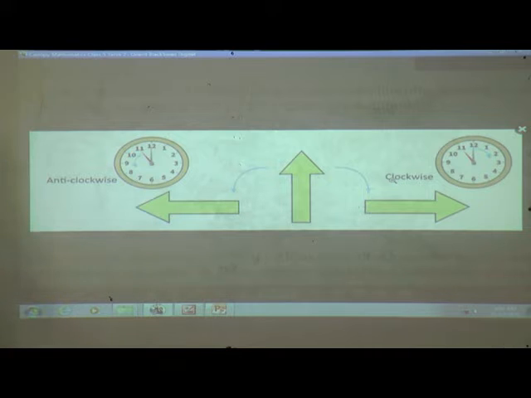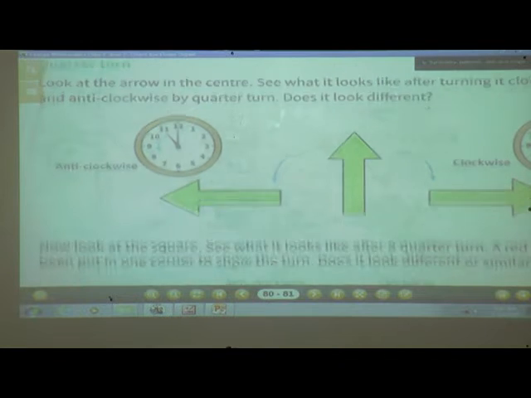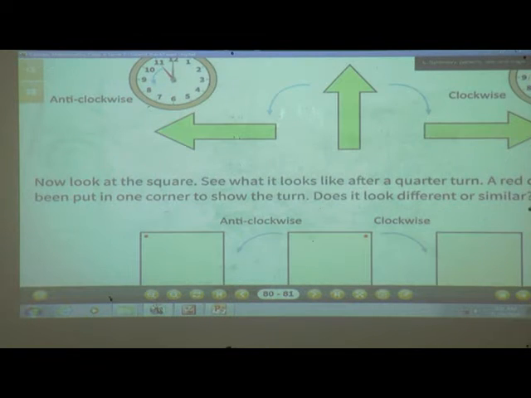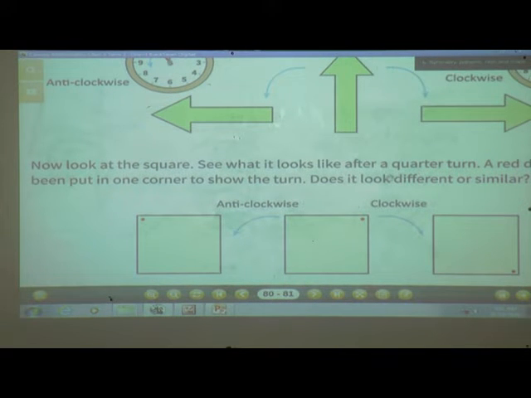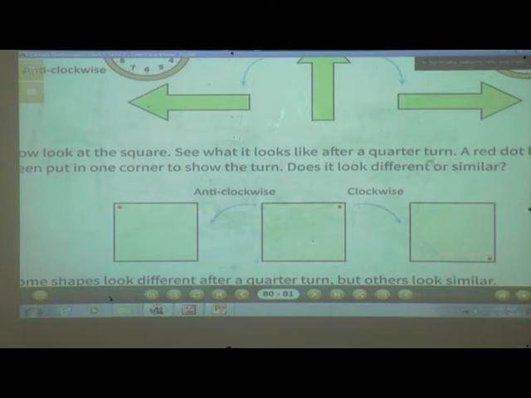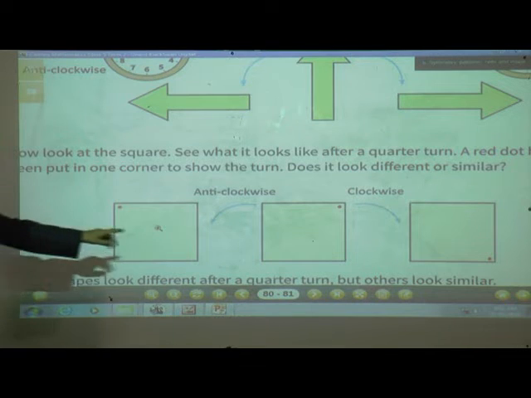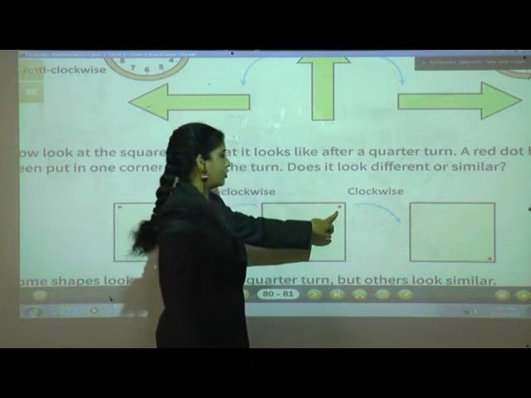So students, here in the textbook, look at the square. See what it looks like after a quarter turn. A red dot has been put in the corner to show the turn. Does it look different or similar? Of course it looks different. Here is a red dot.